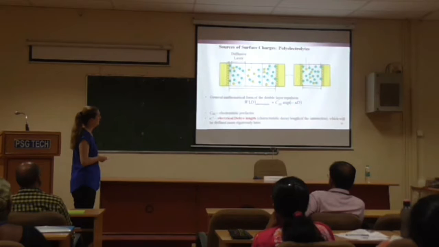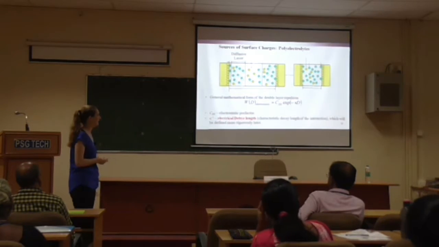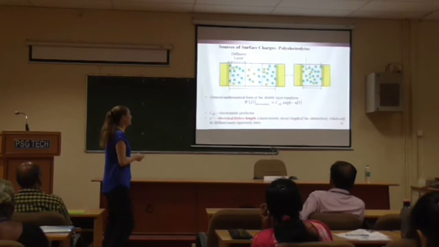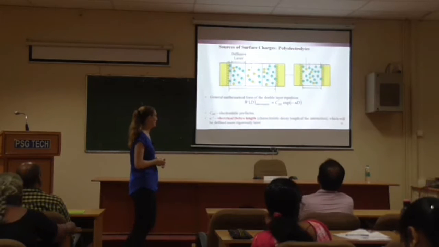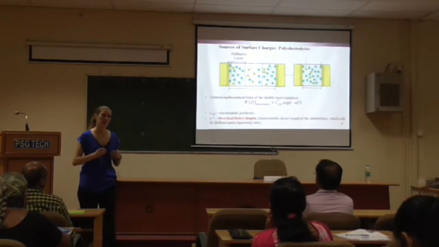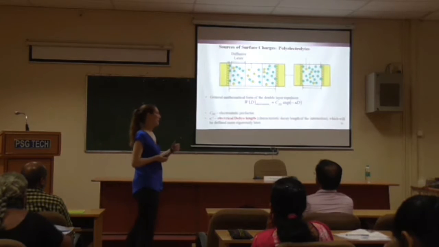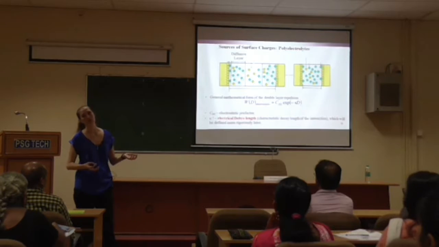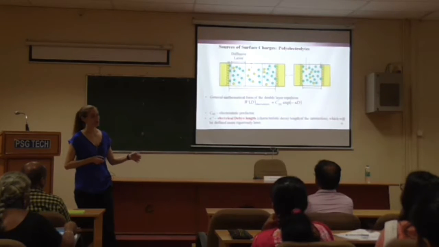This kappa, 1 over kappa, is what's called the electrical Debye length, Debye-Huckel length. It's the characteristic decay length of interaction for electrostatic interactions. Depending on your ionic strength, it is going to be bigger or smaller. But you can think about things as decaying as exponentials.